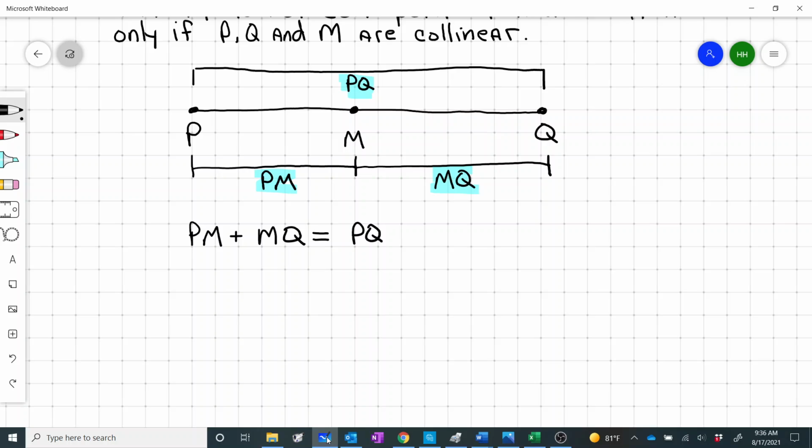Now, what if you took PQ and subtracted PM? You're left with the distance from M to Q. Good. And if you took PQ and subtracted MQ, that would give you PM. Very good.